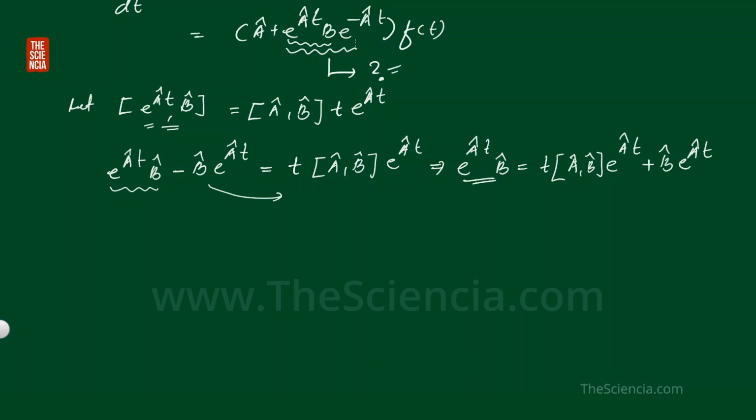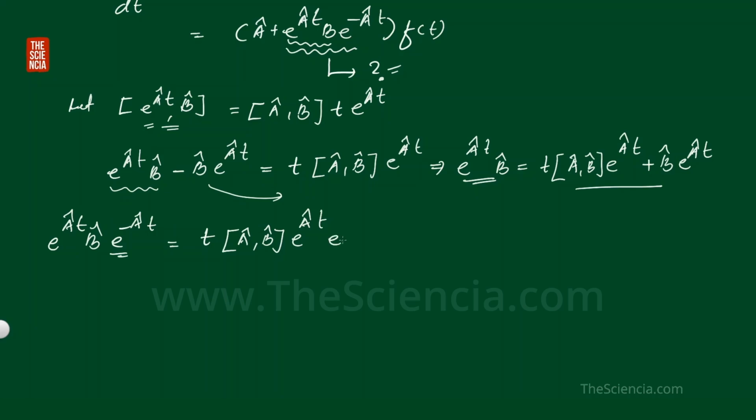Now we have to multiply that entire term by e^(-At). That is, e^(At) B times e^(-At) is equal to t [A, B] e^(At) e^(-At) plus B e^(At) e^(-At). Because this function is on the right-hand side, we multiply on the right-hand side of this equation.